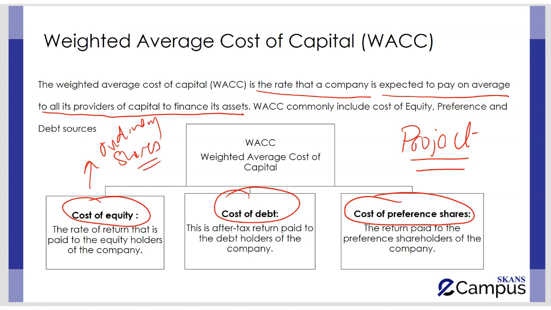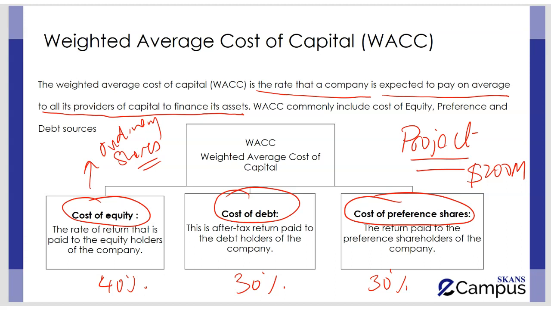Now, whenever you are to finance a project, your finance director or your CEO will decide what is the percentage that we have to keep. For example, to finance my project of, let's say, 200 million, I would take 40% from equity, 30% from debt, and the remaining, which is 30% again, from preference shares.